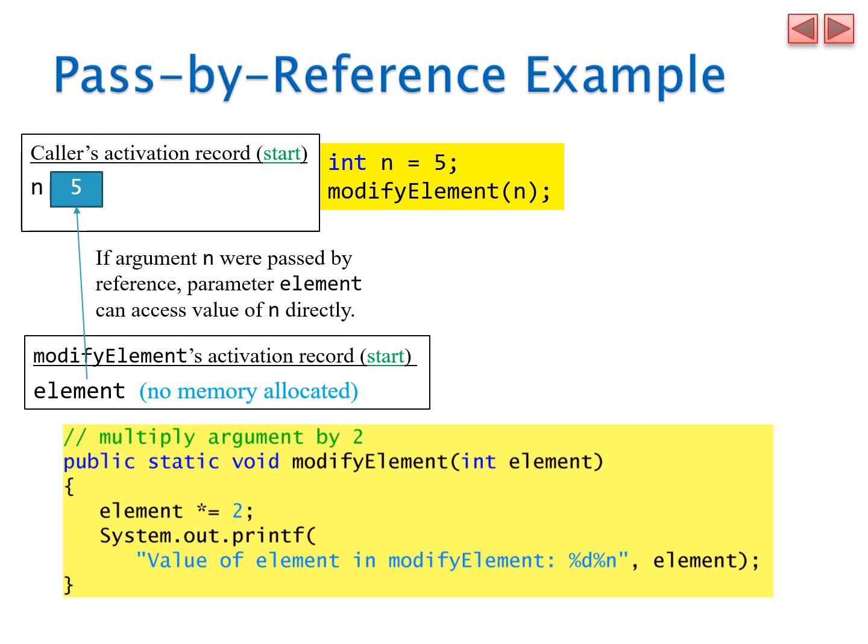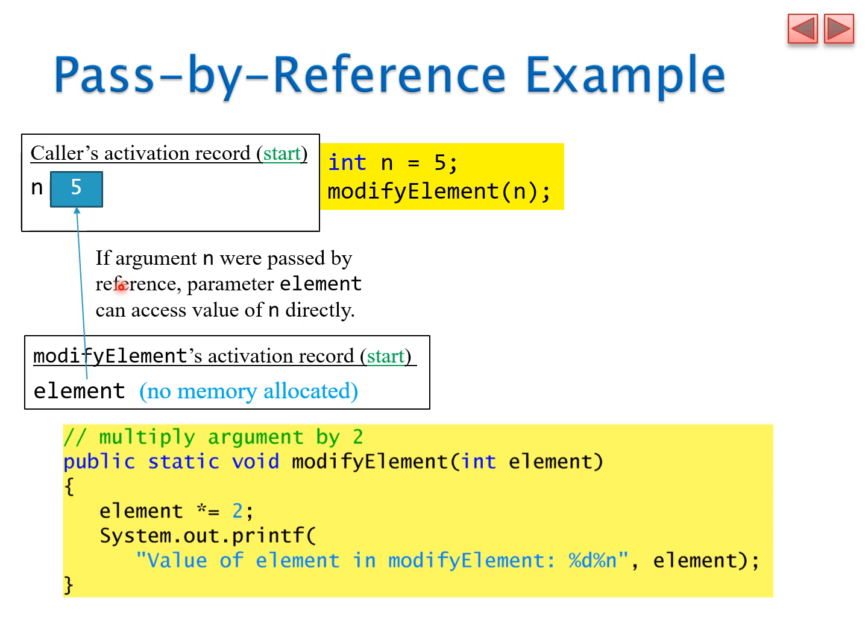Now, let's assume that the parameter element in the modifyElement method were defined with the pass by reference mechanism instead of pass by value.